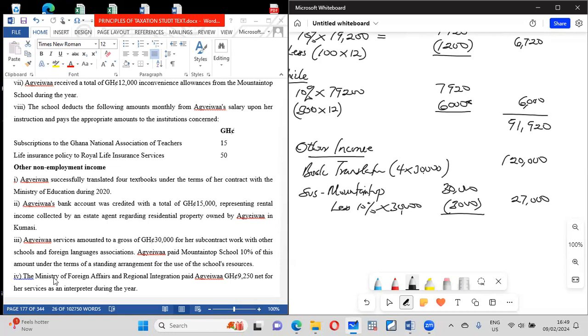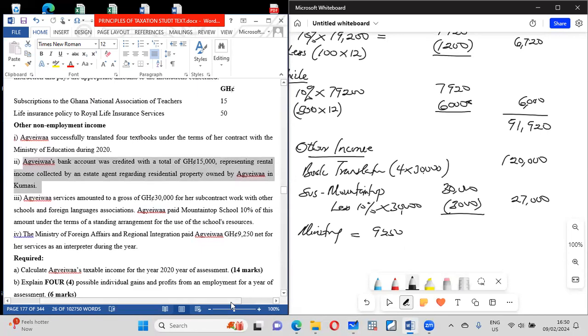And what else? The foreign ministry also paid her a net of 9,250. Here it is net, so you have to be very, very careful. We need the gross like we did in the other one. How do we get the gross? We have 9,250. What is the rate to use to gross up?